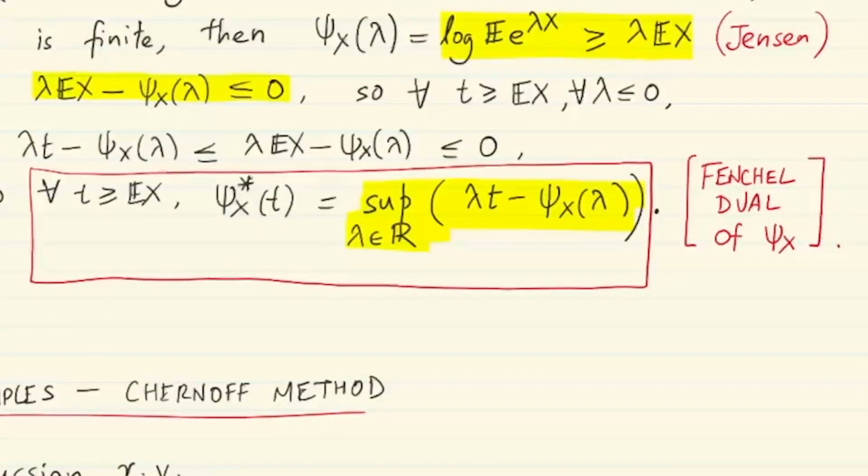So Cx and Cx star enjoy some very nice duality properties. There is a whole rich theory of duality built on these foundations of functions and their Fenchel-Legendre duals. So the Kramer transform is essentially the Fenchel dual function of Cx, is what we've shown here.